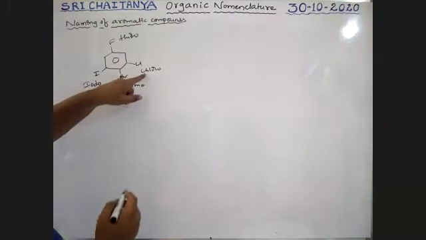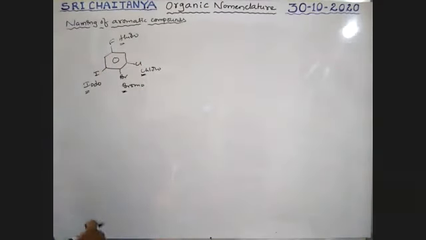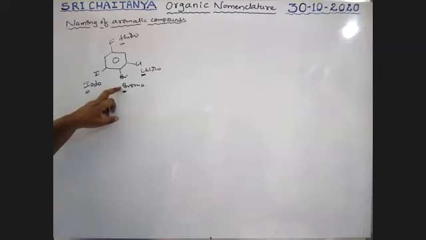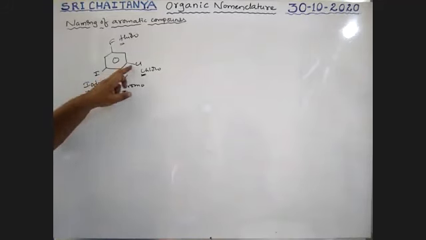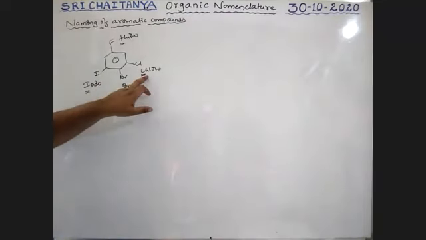So among these, C, B, I, F, which comes first? Actually B comes first, but from here it is not possible to start because the substituents' least locants are considered. So that's why it is not possible. Now I'm considering this one.